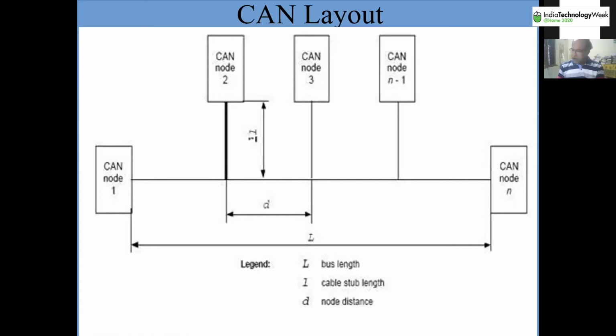Because in a modern car, at least 70 to 100 sensors are deployed, right from tire pressure, then your anti-skid brake, then airbag, speed, and starting of engine, lube oil pump, everything is connected with a sensor.